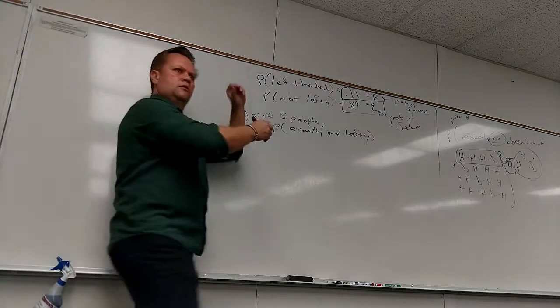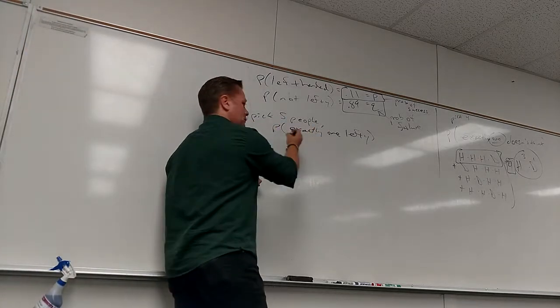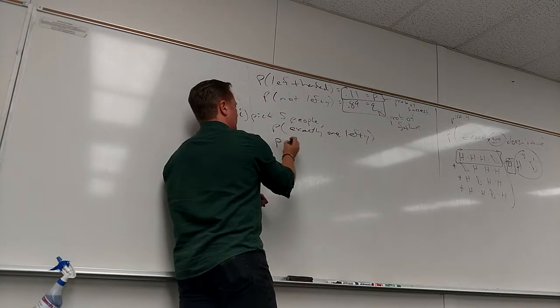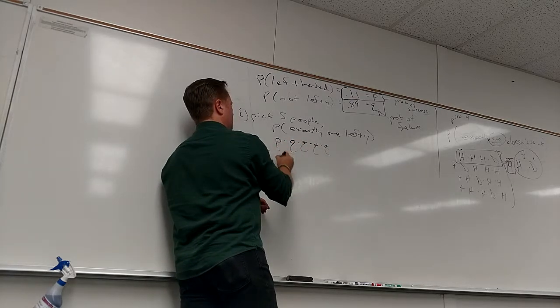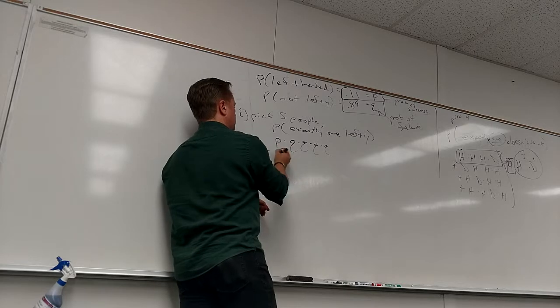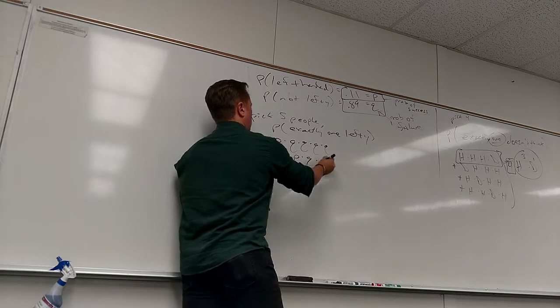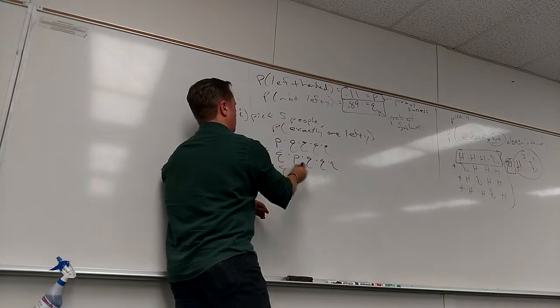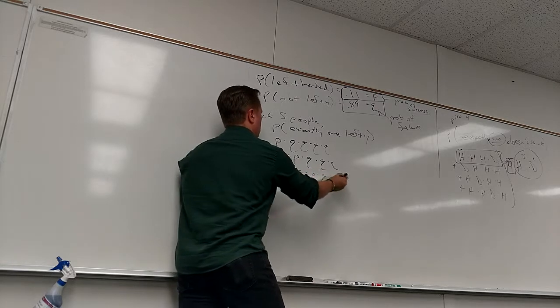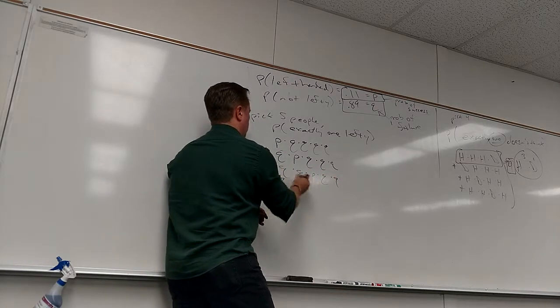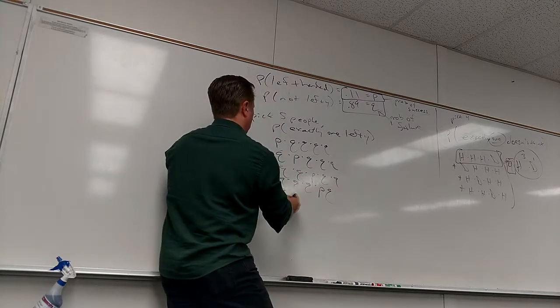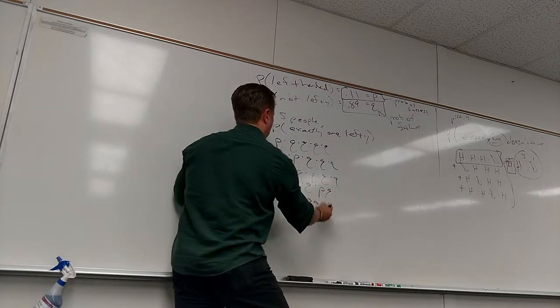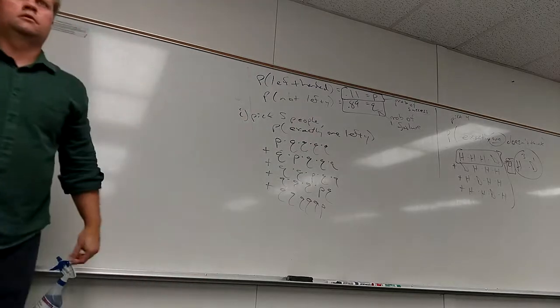Any of the 5 of them? Yes. For example, the first one could be left-handed and the other 4 aren't. Or the second, or the third, or the 4th one, or the last one.